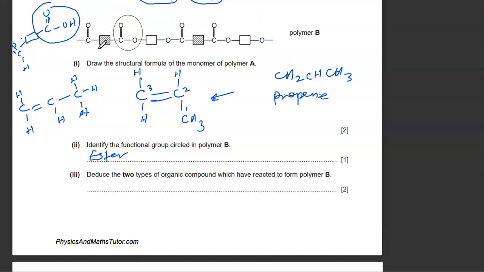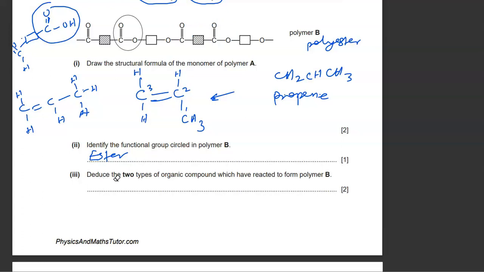Do you get that? That is why this molecule is a polymer ester. You name it after its functional group, ester. So you have many esters. One is here, another one is here, another one is here. So it's a polymer ester. Right, you got that?